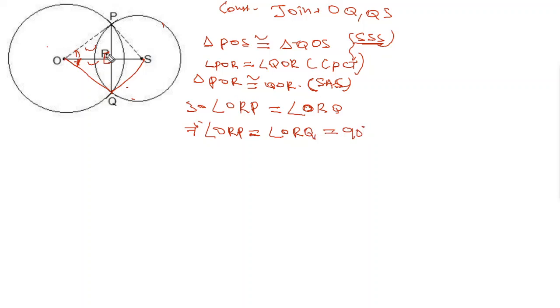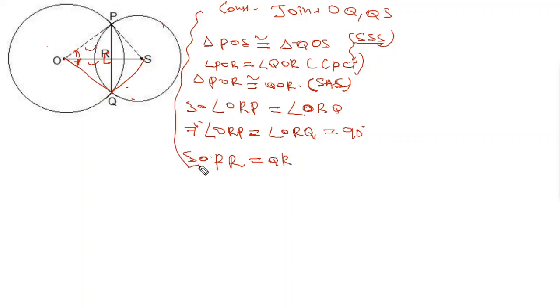As this angle is 90 degrees, we can say R is the midpoint of PQ. So PR is equal to QR.